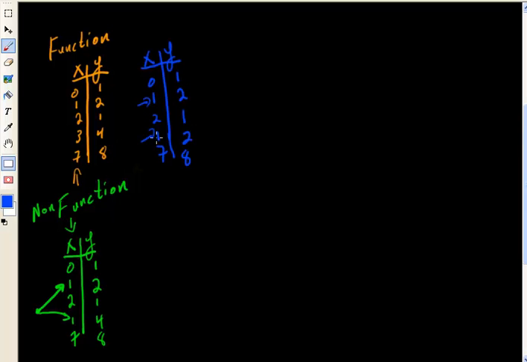So really it's like repeating yourself. You don't really have to put that set of numbers in there, which is what makes it still a function. So we have that, and this is called a table.